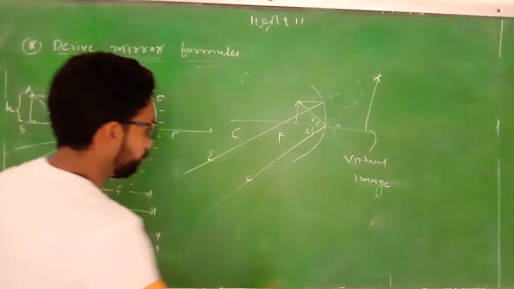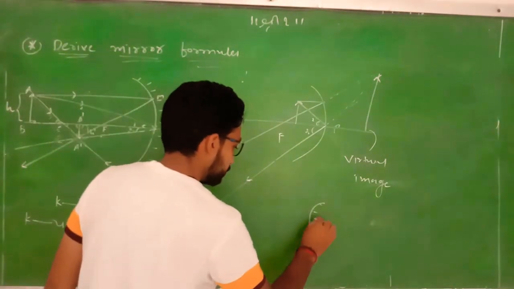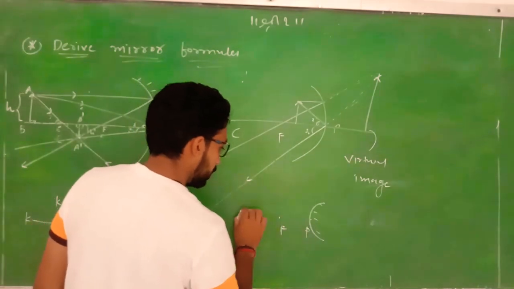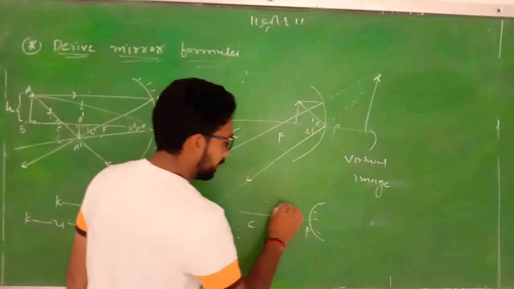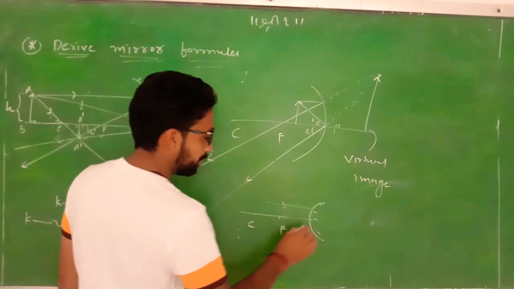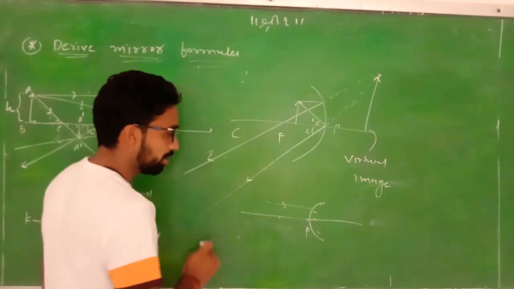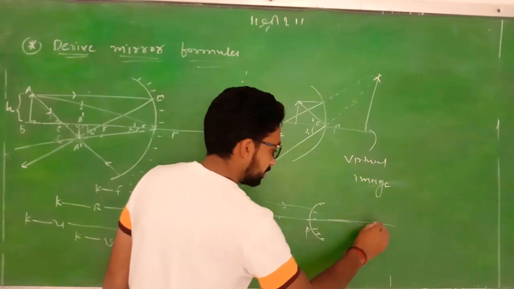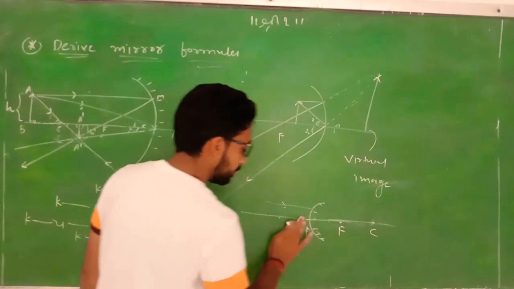Similarly, you can find it for the convex mirror. This is the pole, this is the center of curvature, principal focus. When a parallel ray is coming, this is after the reflection. For a convex mirror, the center of curvature is on this side, and the principal focus is here.